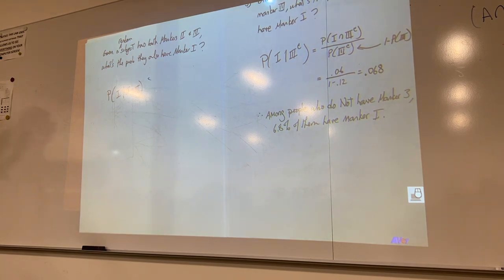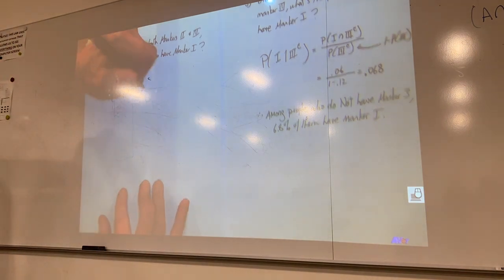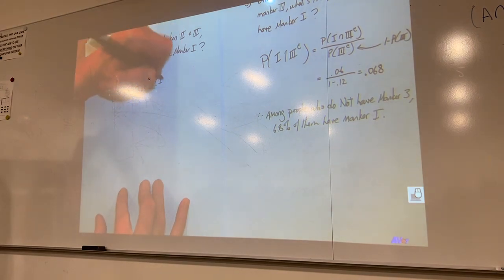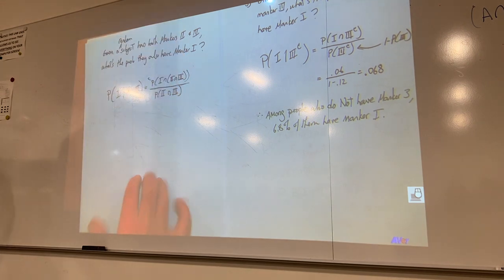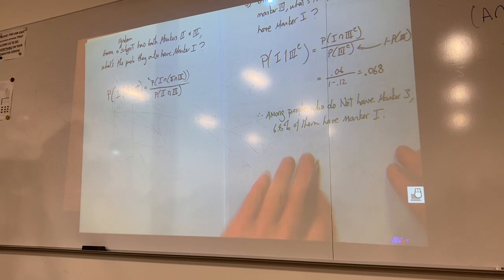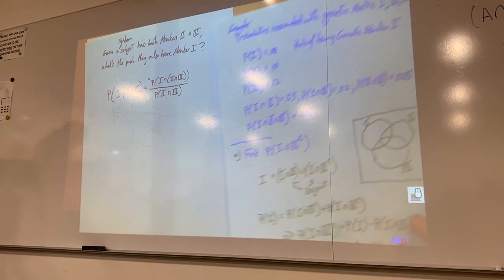Right? Going literally by the equation, the definition of conditional probability, that's the probability of having 1 and either 2 and 3, all over the probability of having 2 and 3. Okay? Where are our original numbers here?